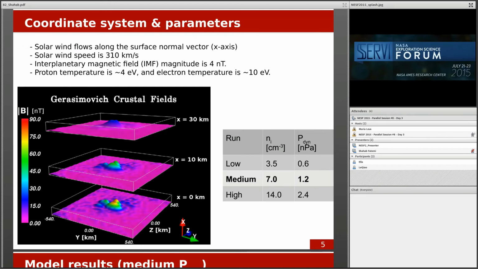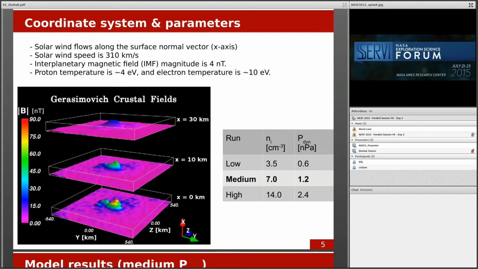Before I present my simulation results, it's important to explain the coordinate system I use in my simulation. Here the figure shows different planes showing the magnitude of the crustal fields at different altitudes: at the surface, 10 kilometers and 30 kilometers. In the coordinate system, the plus x-axis is normal to the surface of the Moon.